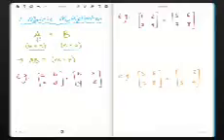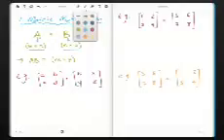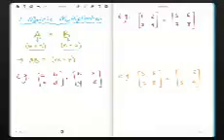So that's A and B. So in order to be able to multiply two matrices in this order, so A times B, the two inside elements need to be equal. So the number of columns in the first matrix needs to be equal to the number of rows in the second matrix. And this is really important.